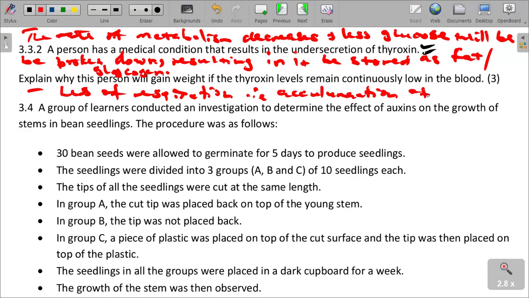Of fats. You understand? That's what is happening in this case.